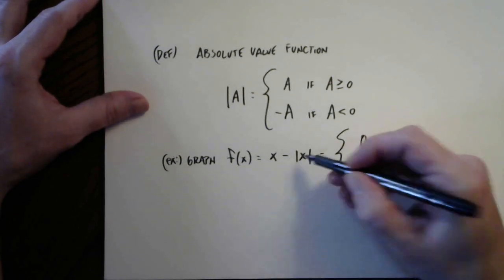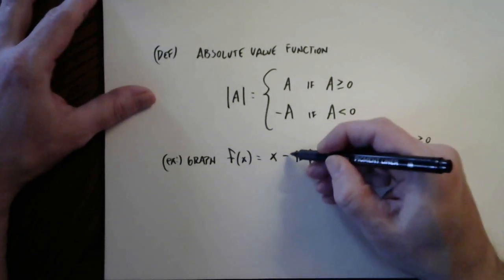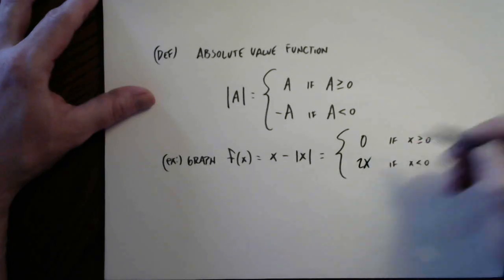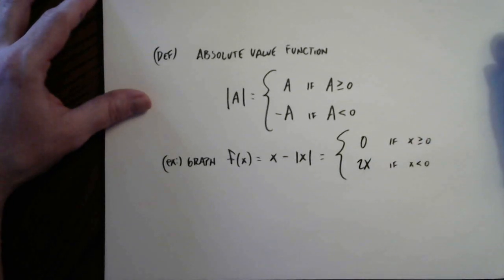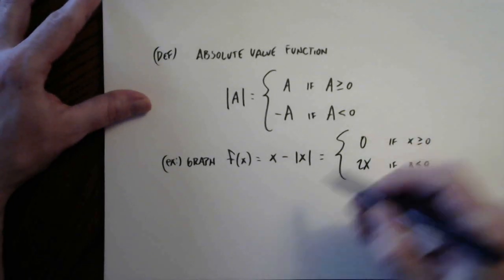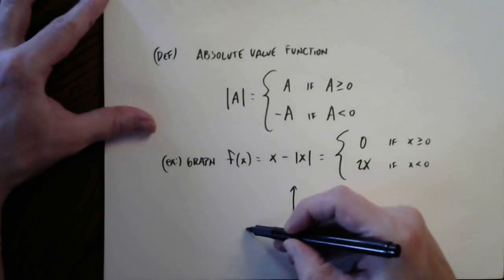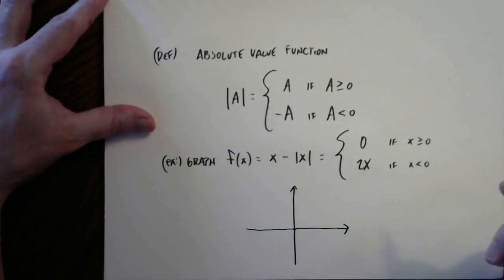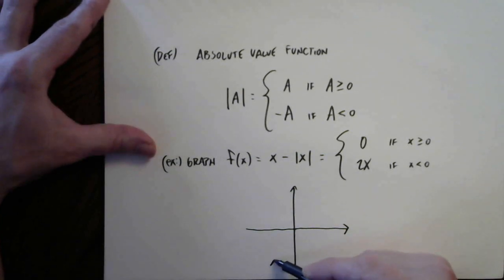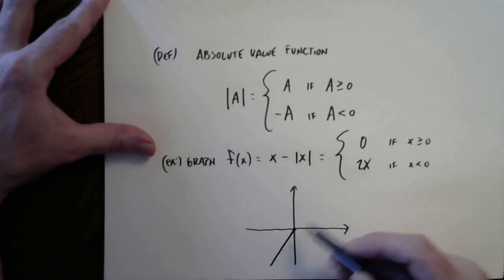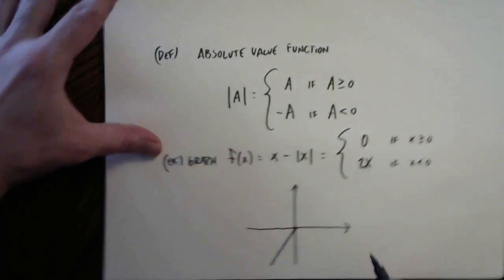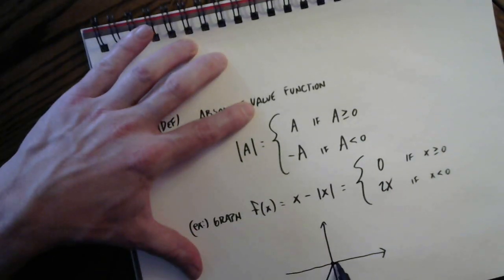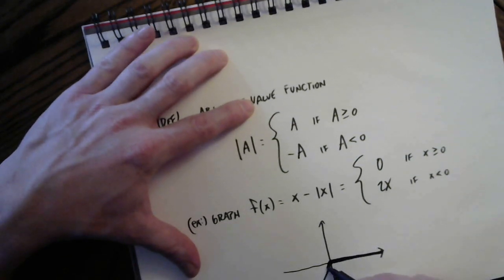So this becomes negative x. x minus negative x is 2x. And now this is an easy thing to graph. So this will be 2x, which kind of looks like this. And then we hit the origin, and now it's just 0, so it's this. How does that look?